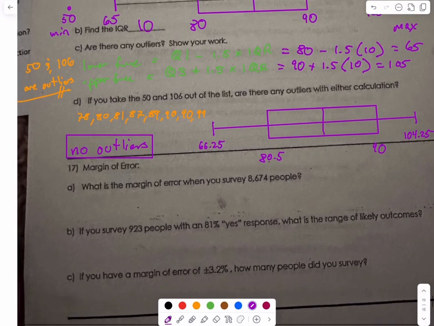So what's the margin of error when you survey 8674 people? So there's a couple of formulas at play.